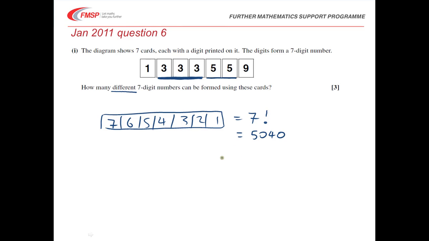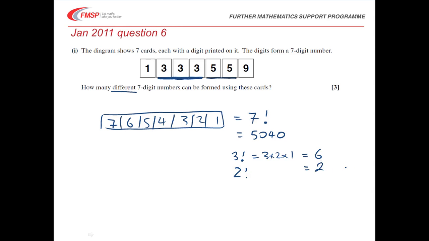The way of dealing with that is to realize that with 3 factorial, there are 3 times 2 times 1 ways that all of these 3's could themselves be arranged. So that means there are going to be 6 possible combinations that are all the same. And we use the same argument for the 5's as well. There are 2 5's, so there are 2 possible ways that this can happen.